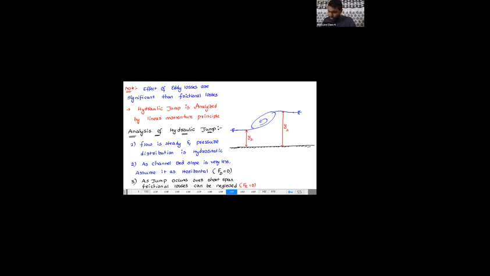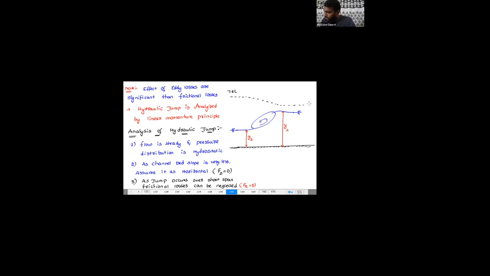Okay, and you can observe the total energy up to this point. This is the total energy line, and from here onwards, once the hydraulic jump is formed, due to this jump, the total energy will decrease up to the jump.